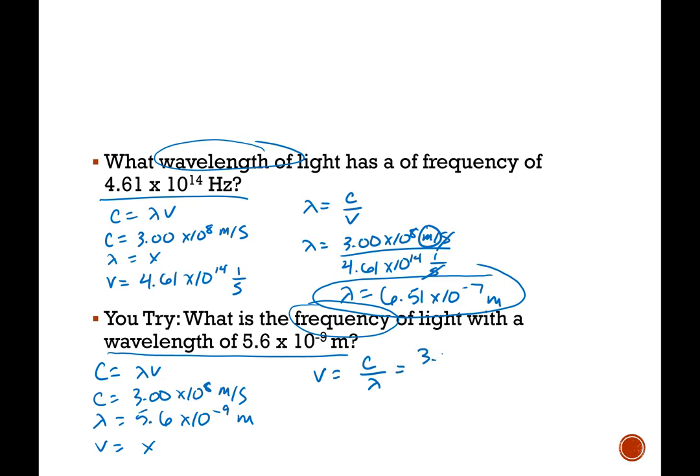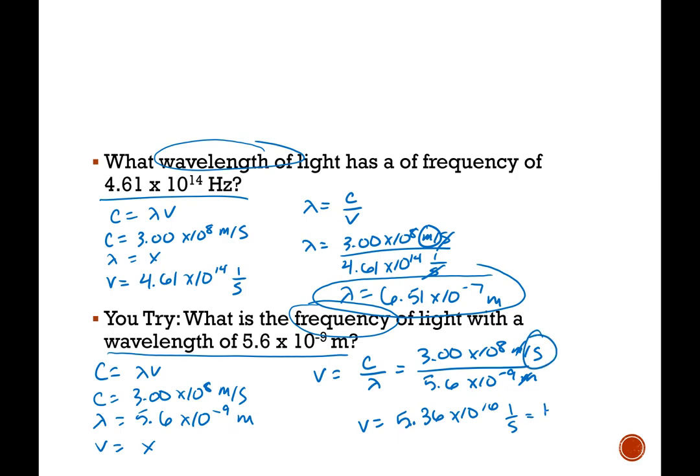That's going to be 3 times 10 to the 8th meters per second over 5.6 times 10 to the negative 9 meters. Meters will cancel. And so you are left with 5.36 times 10 to the 16 inverse seconds, because that's what you end up with up here, which is the same thing as hertz.